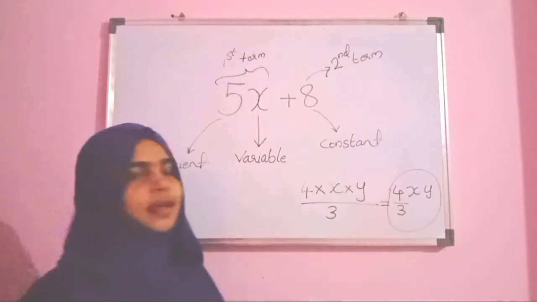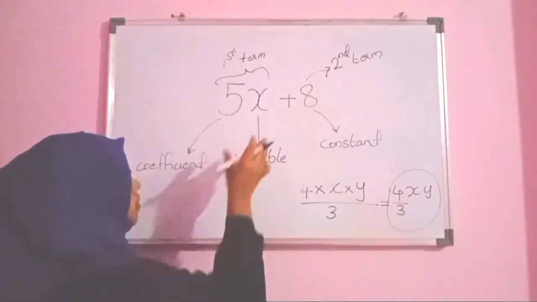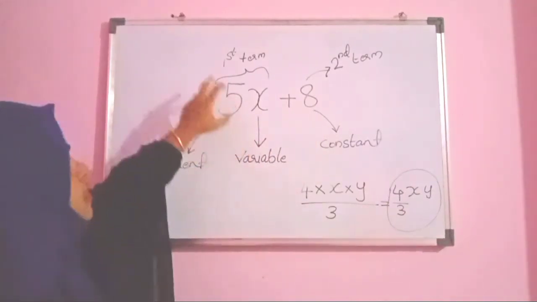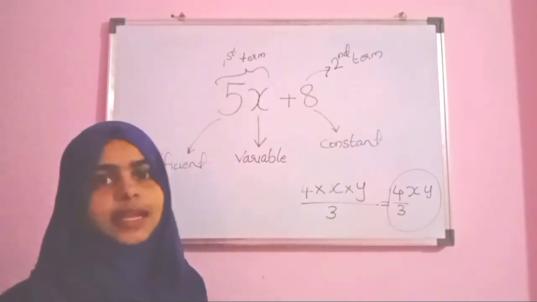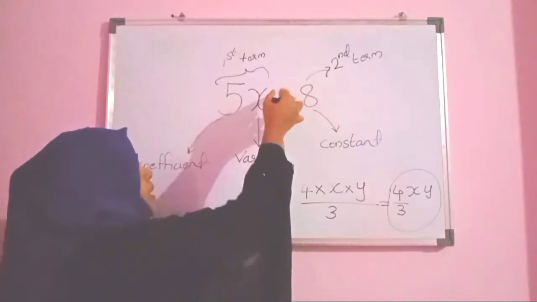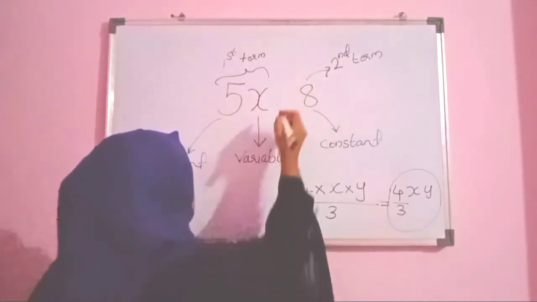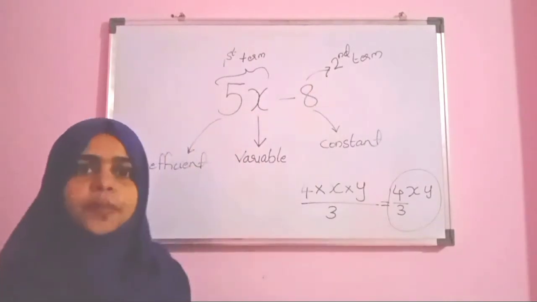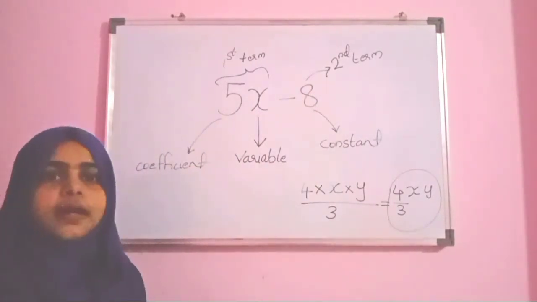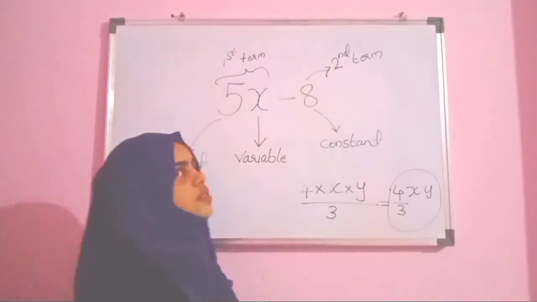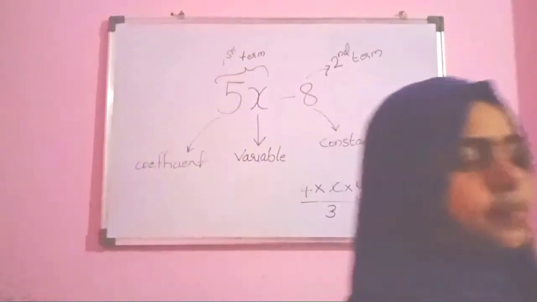So this is an algebraic expression with two terms, that is 5x our first term, and 8 our second term, because these two are separated with addition. If there comes subtraction, it also becomes two terms. So this is all about terms.